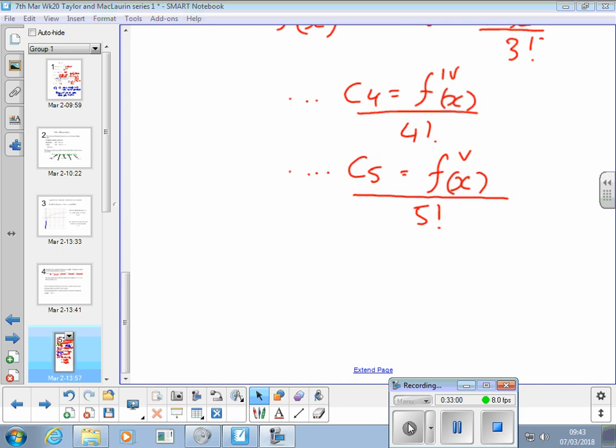You could be given a power series question in the exam, something along the lines of what I might ask you to do next week, to find a number of terms of a particular function.